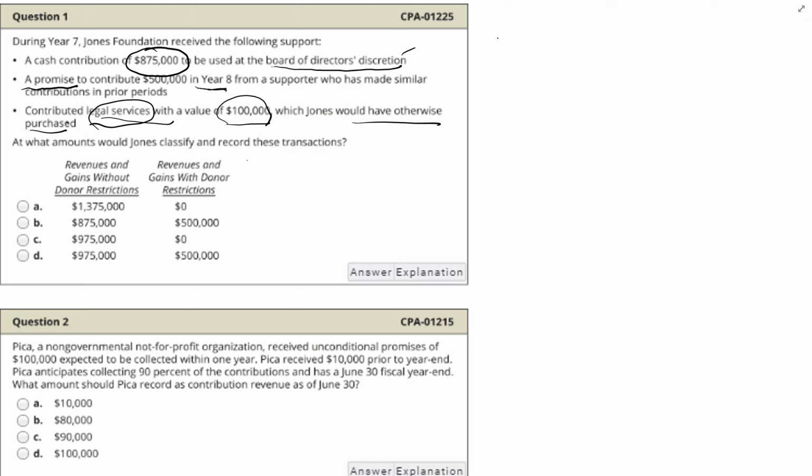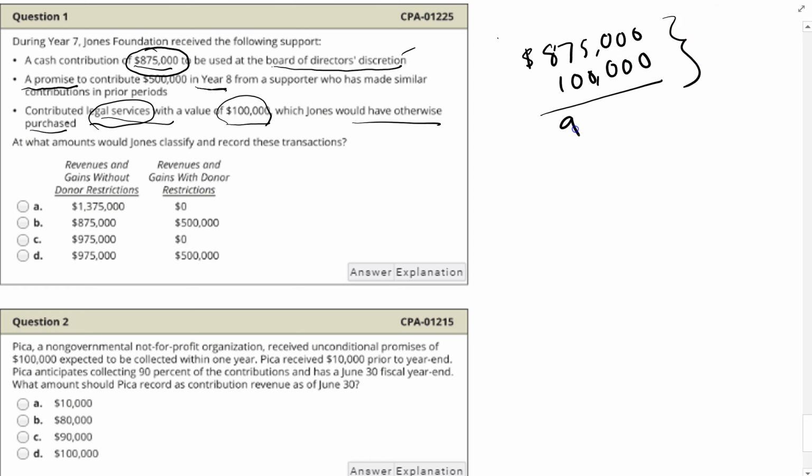So here the entity will consider this $875,000, although there is board of directors' discretion, as without donor restrictions. We don't see any restrictions. So this $875,000 and the legal service revenue, whose value is $100,000, we record as contribution revenue. These two together, which is $975,000, we will consider as unrestricted contribution revenue.